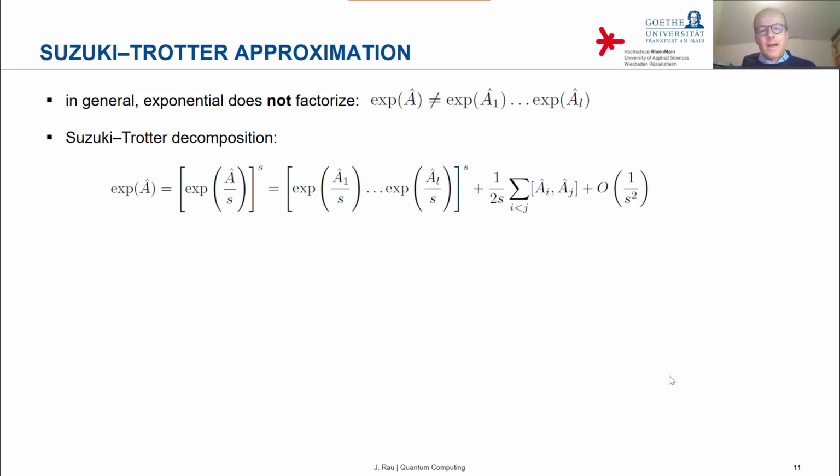So here we applied the factorization to the small unitary transformation within the square bracket. And that's a good approximation, and it gets better the larger the s.